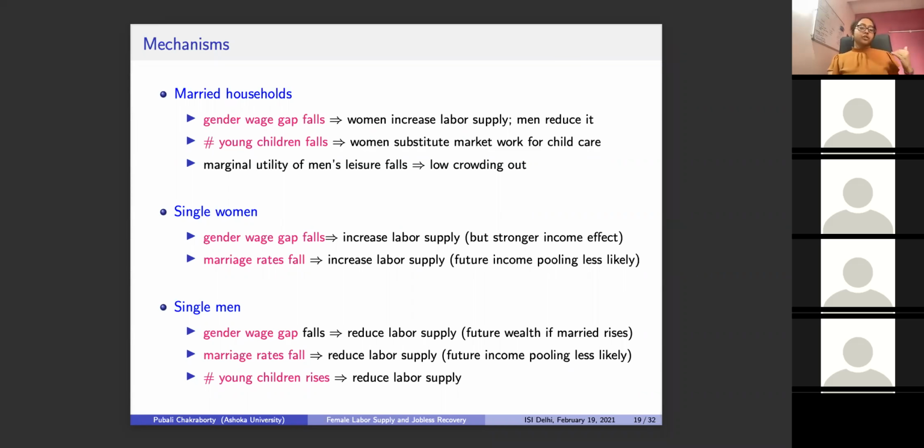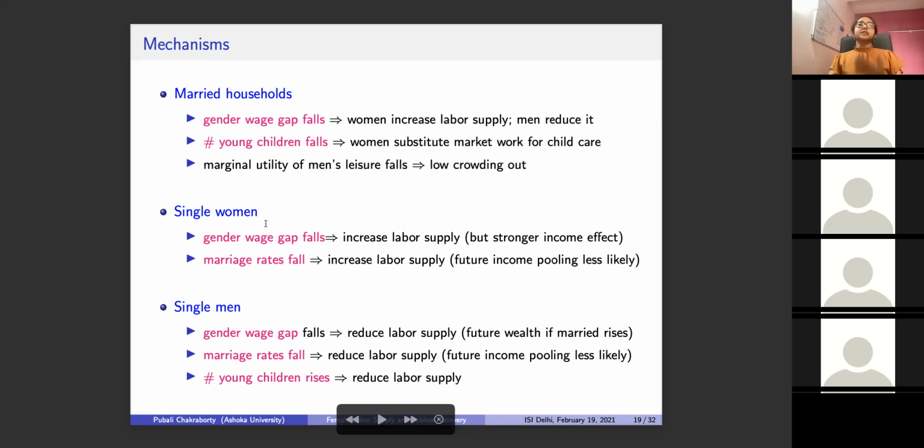As the number of young children falls, women are substituting the time that they have available from child work to market work. So in terms of their leisure, not much changes for women as compared to men, because for married men, when they reduce the labor that they are supplying to the market, their leisure increases. The marginal utility of men's leisure falls, and as a result, there is low crowding out that takes place.